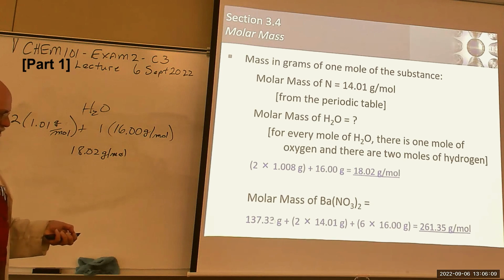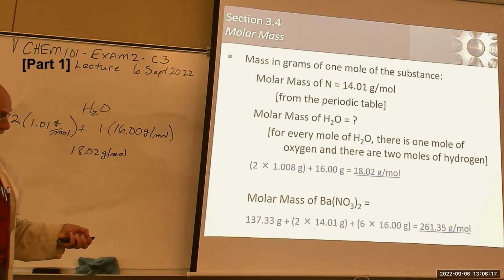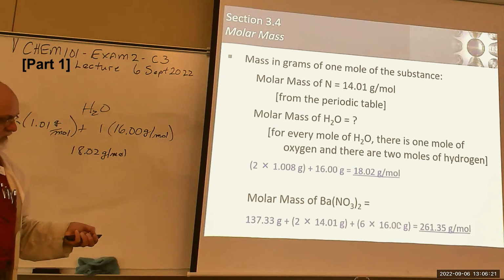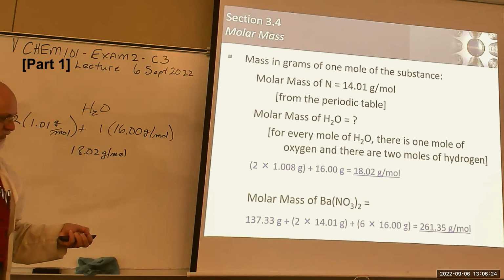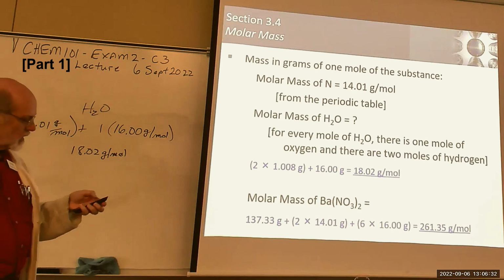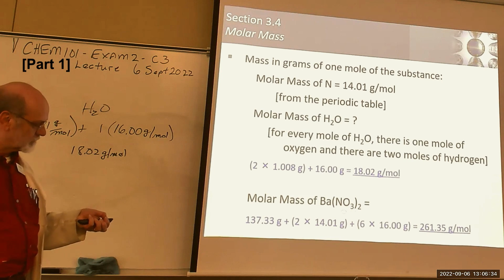It's understood to be per mole. We've got 2 nitrogens, 2 times 14.01 is what you get off the chart for nitrogen. And then 6 oxygens, 2 times 3. You just multiply and add those out, and you get 261.35 grams per mole. And that's the mass of 1 mole of this formula.